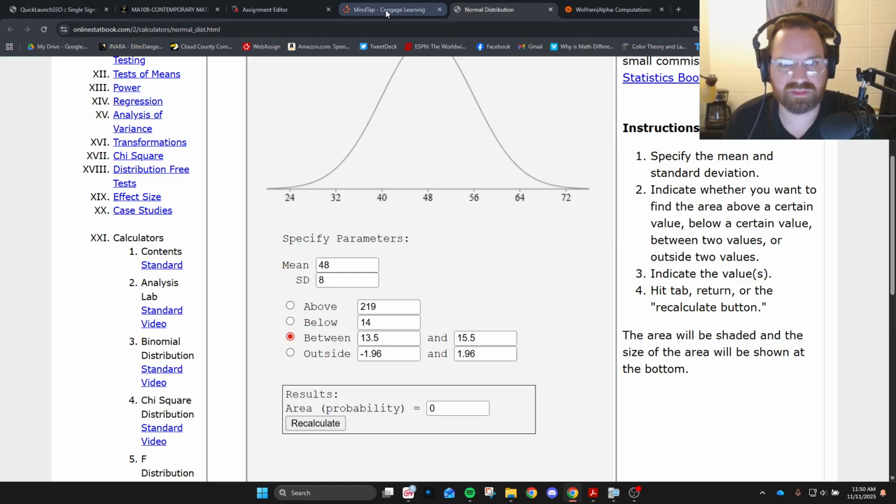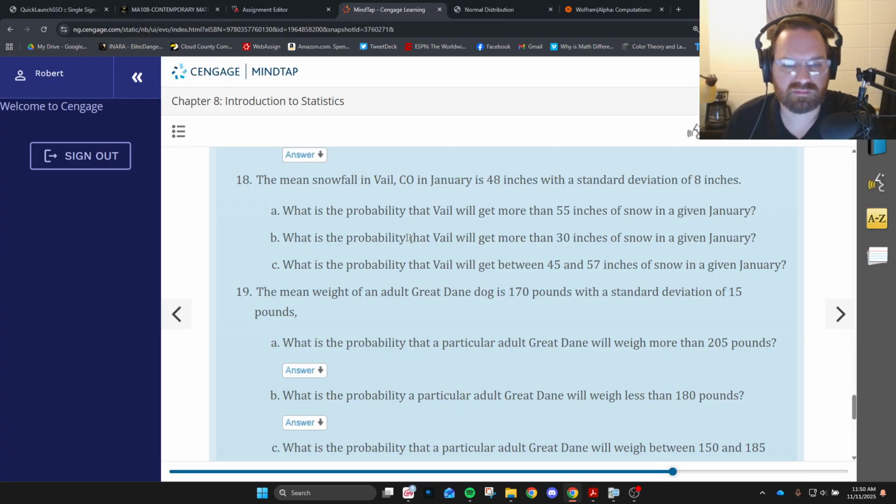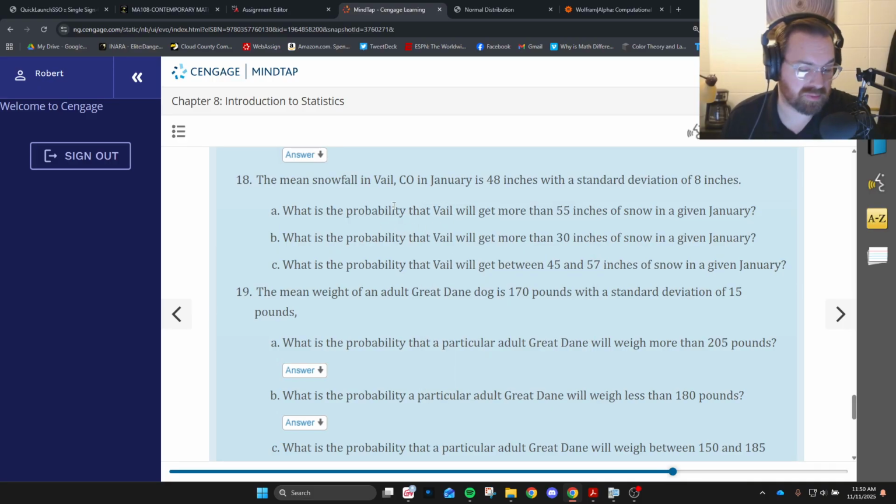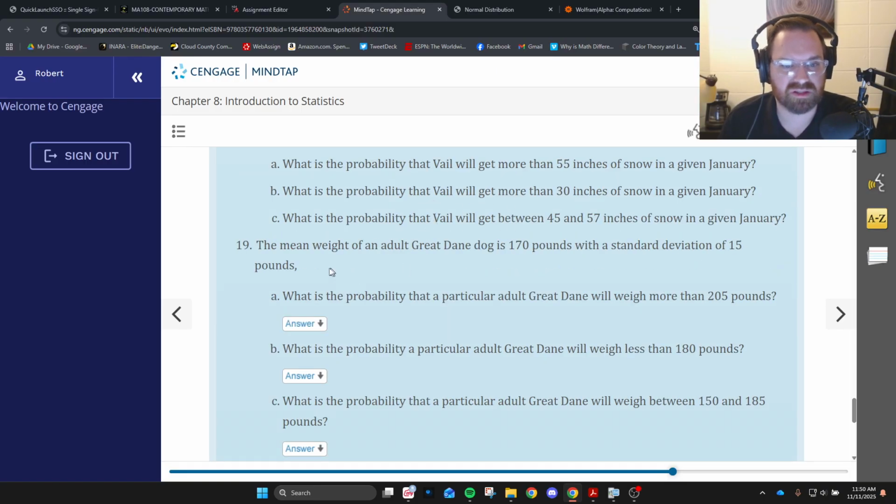This is going to be 48 inches, and the standard deviation is 8 inches. Okay, so we've got 3 parts here. What is the probability? This is one of those questions asking us for the probability, not a percentage. So we are going to be putting in the decimal for our solution. If you look at the next question, number 19, the mean weight of an adult Great Dane dog is 170 pounds, a standard deviation of 15. What's the probability?